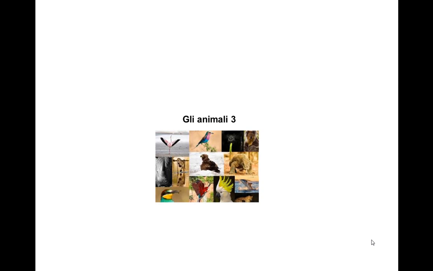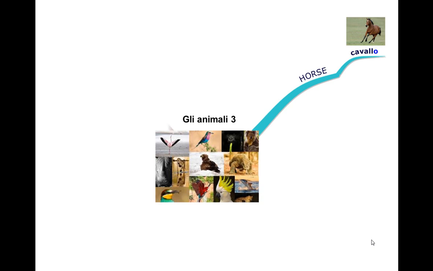I remind you that in the main branch we have the term in English, and in the secondary branch its Italian translation appears. Let's start. In the light blue branch we have horse, which is called cavallo. On the opposite side, in the dark purple branch, we have horses.